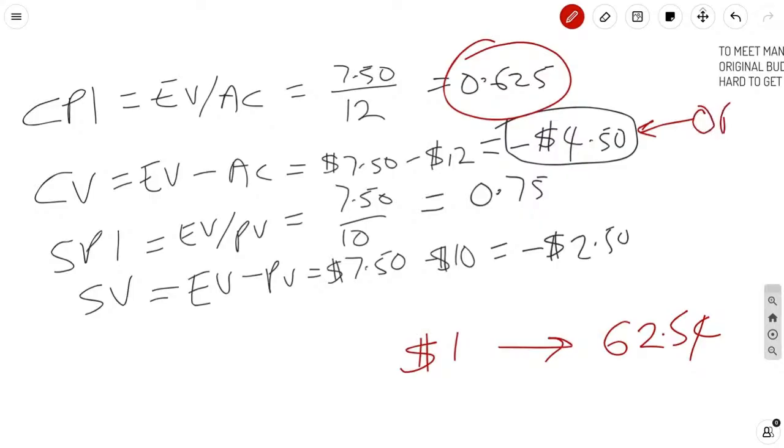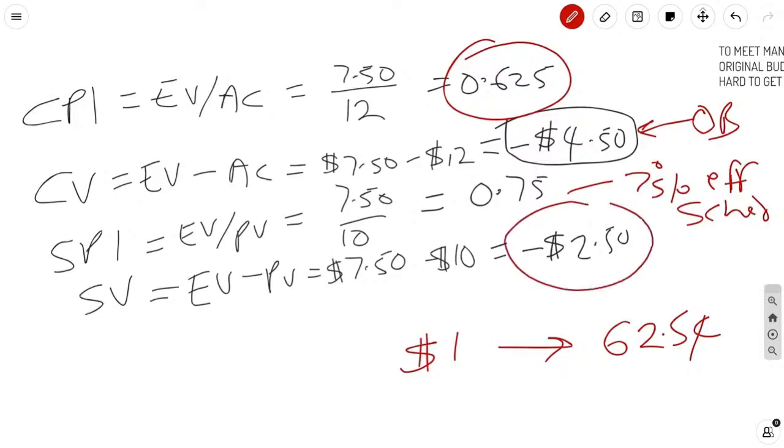And then the 0.75 means you are only 75% efficient schedule-wise. That means you're planning to do 10 things and you're only getting 7.5 things done. You are behind schedule, and if it continues like that, you're going to end up being late overall.